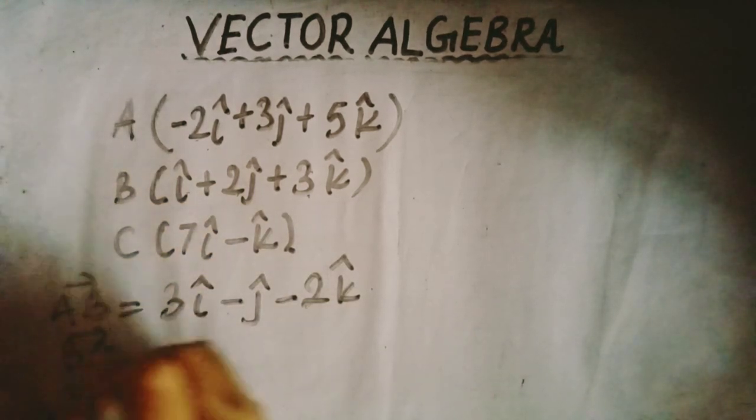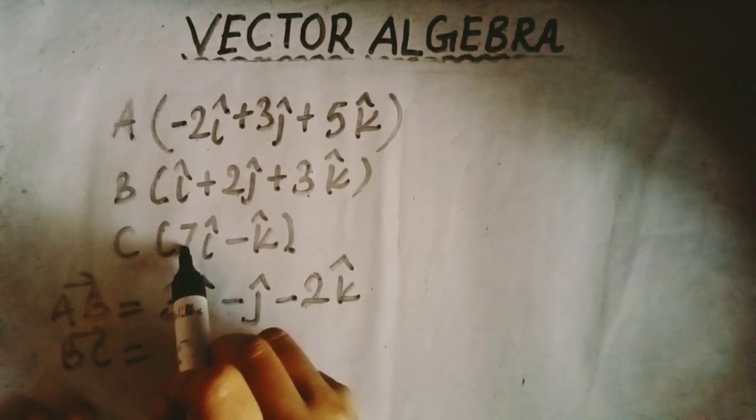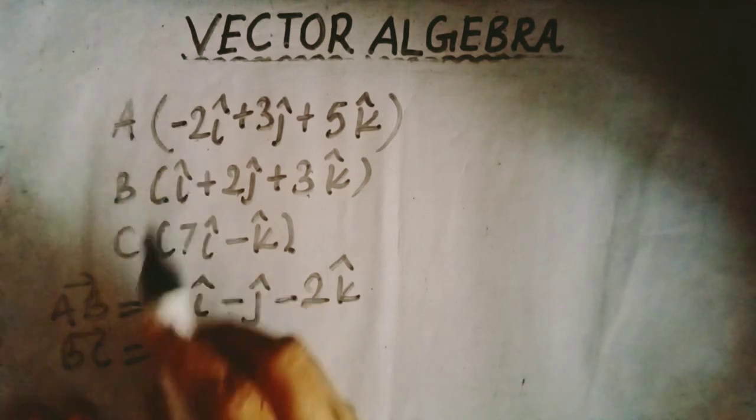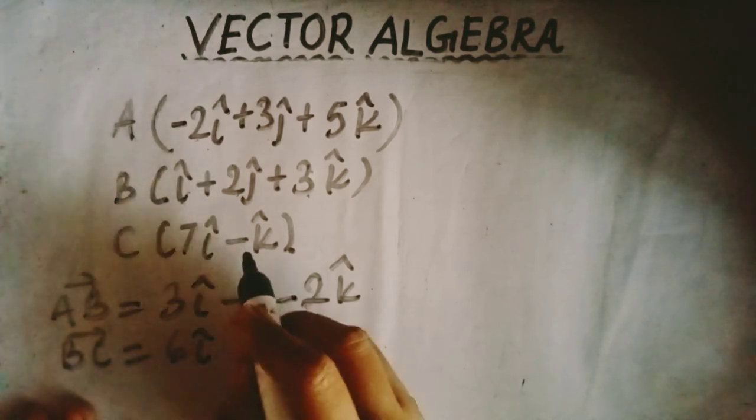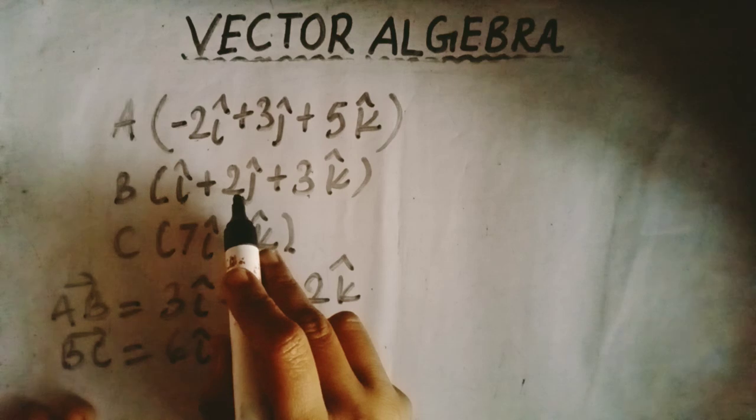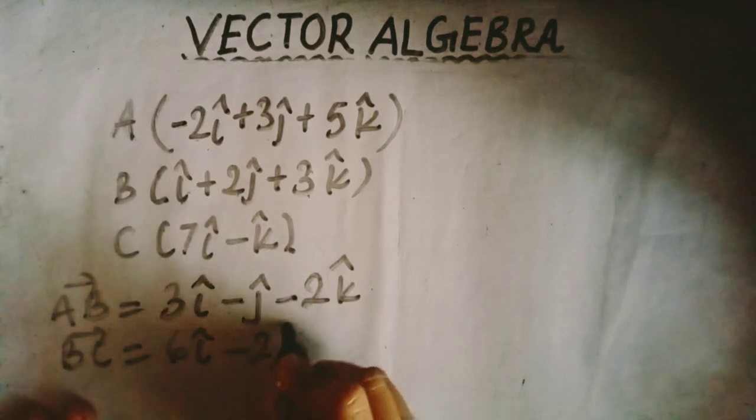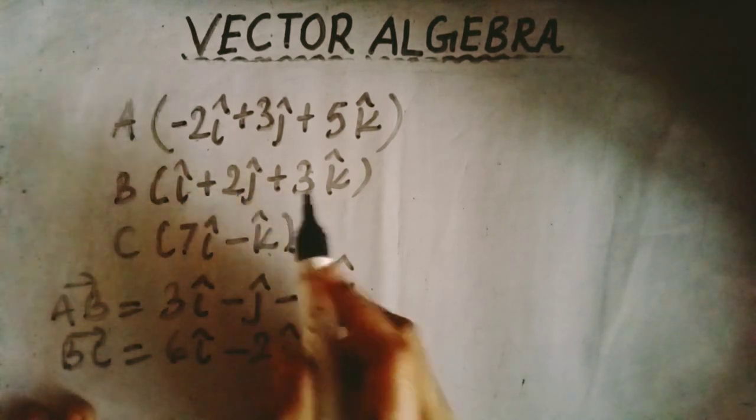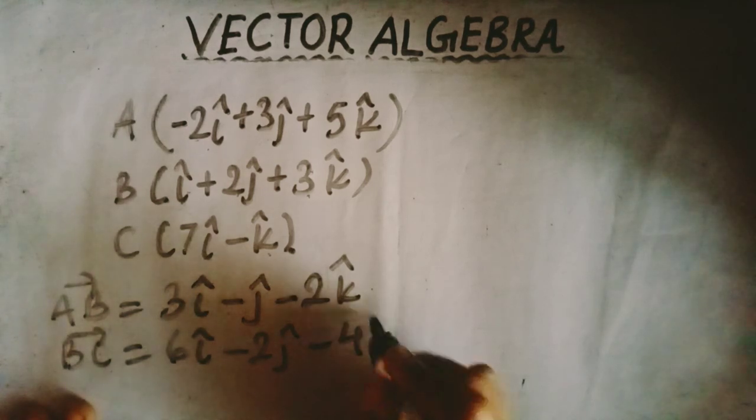Then BC vector, C minus B, so 7 minus 1, 6i, here 0 is there, so minus 2j, minus 1 minus 3, minus 4k.